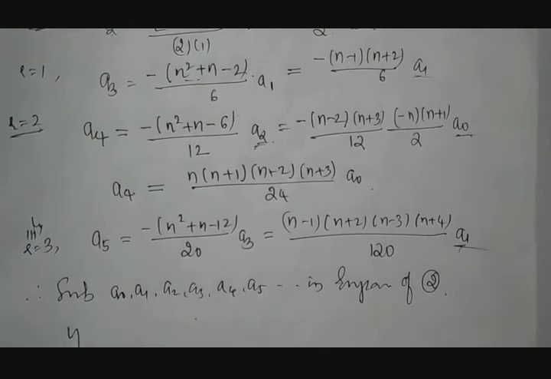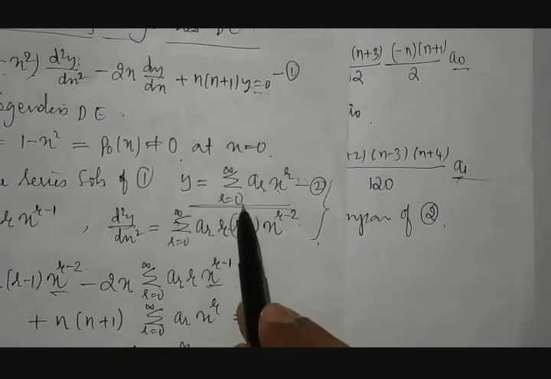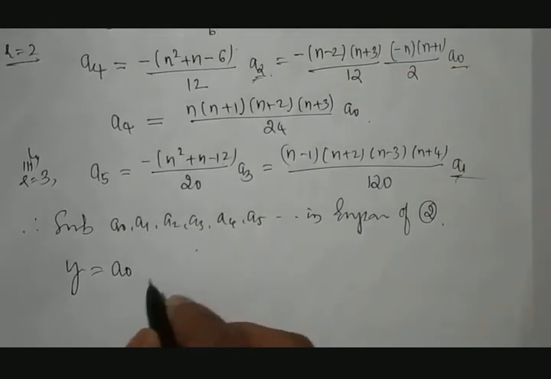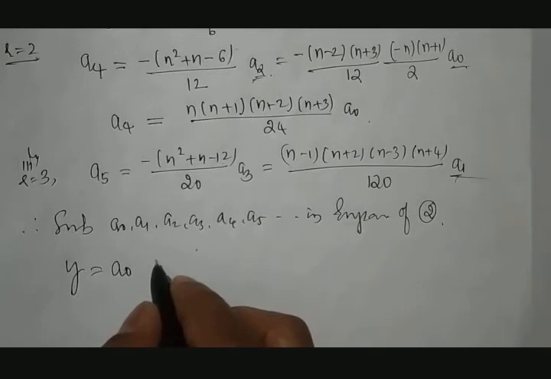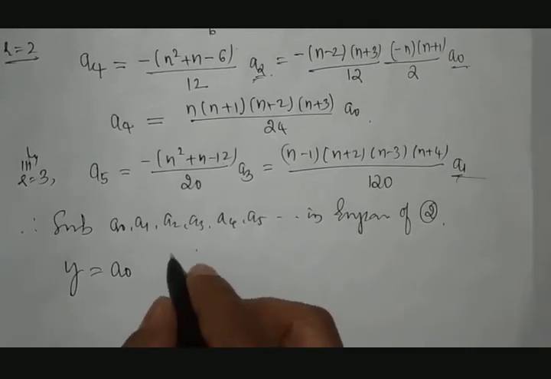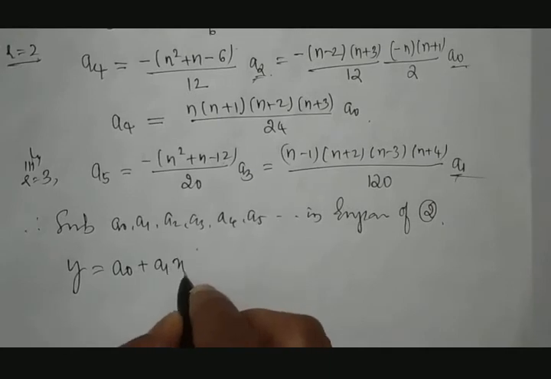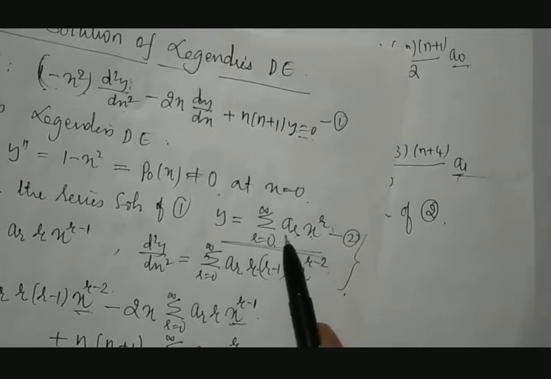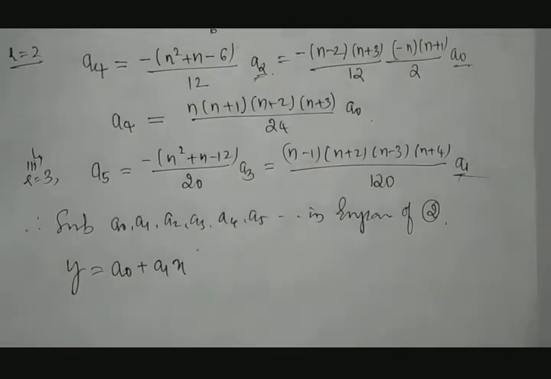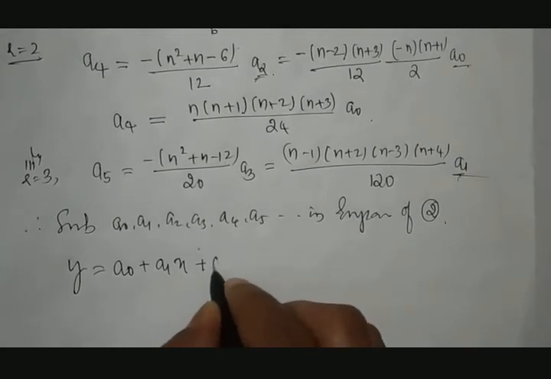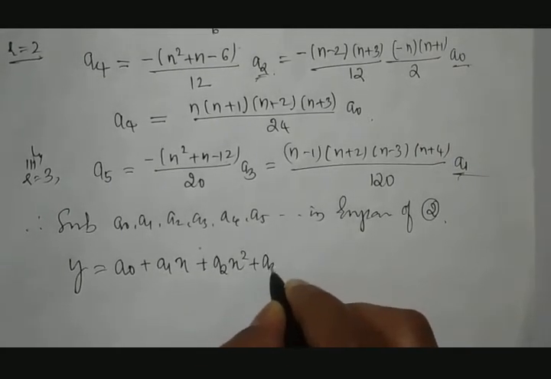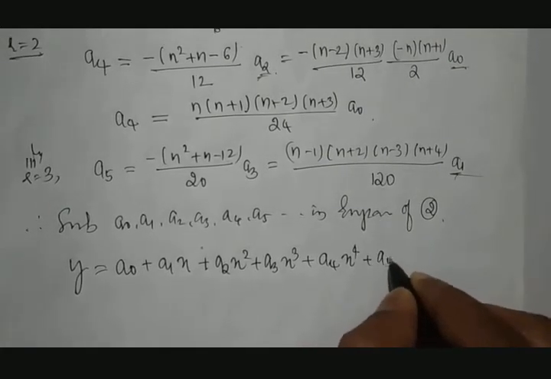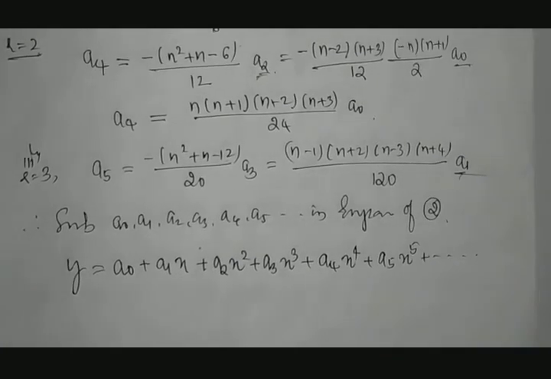What is that? Y is equal to, see here, put r equal to 0 to infinity here. Then first if I put 0, it becomes A0. Fine. It becomes A0 into x raised to 0. So A0 plus A1x. Here if you put 1, then it becomes A1 x raised to 1. If you put 2, it becomes A2x square. Therefore A2 into x square, A3 into x cube, A4 into x raised to 4, A5 into x raised to 5 and so on.